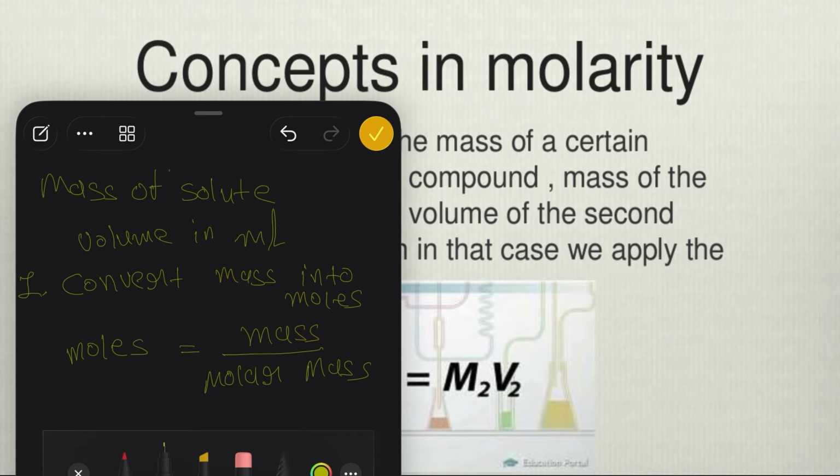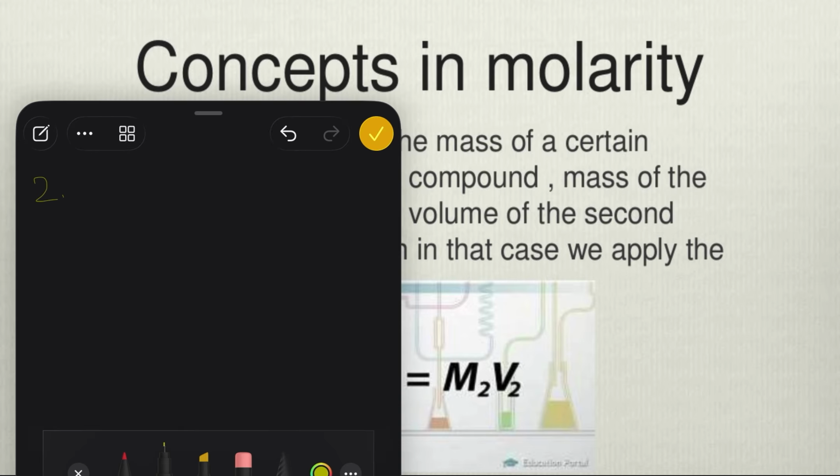Okay. Second step is convert milliliter into liter. What is the formula? 1000 milliliter is equal to 1 liter.